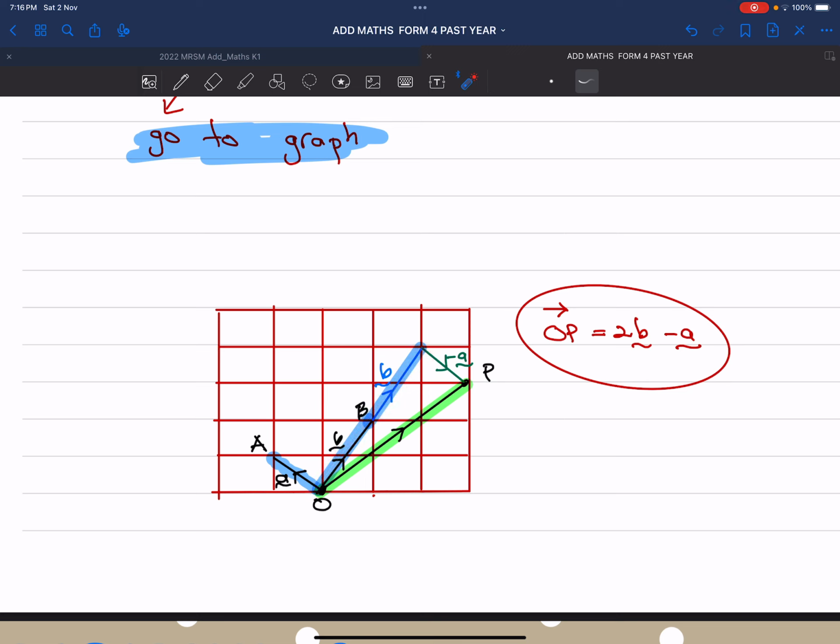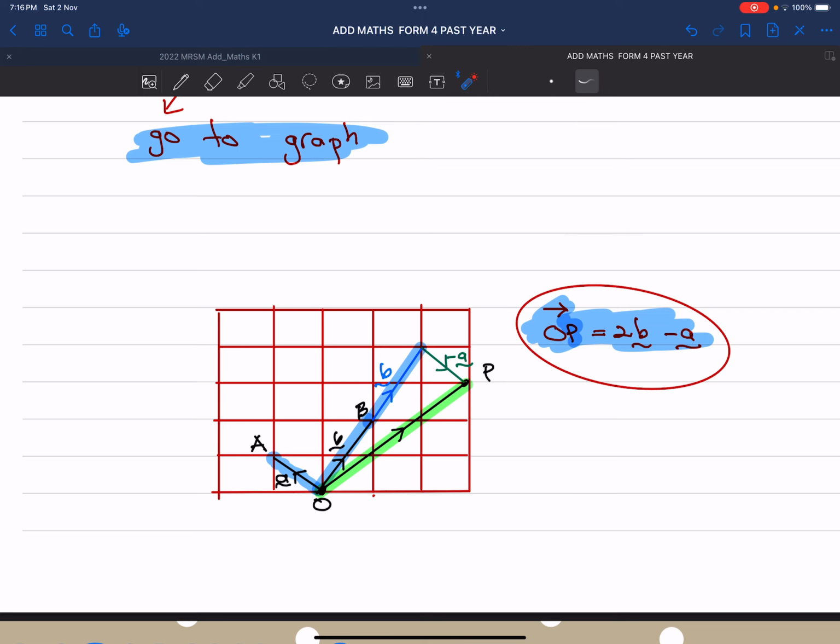So our answer, the vector OP is 2b minus a. What we are actually doing is shifting the vector OB, extending another OB. So this becomes 2b. And then from this point to come down, I'm using vector OA because it is parallel to OA but opposite direction. That is why I put negative a.